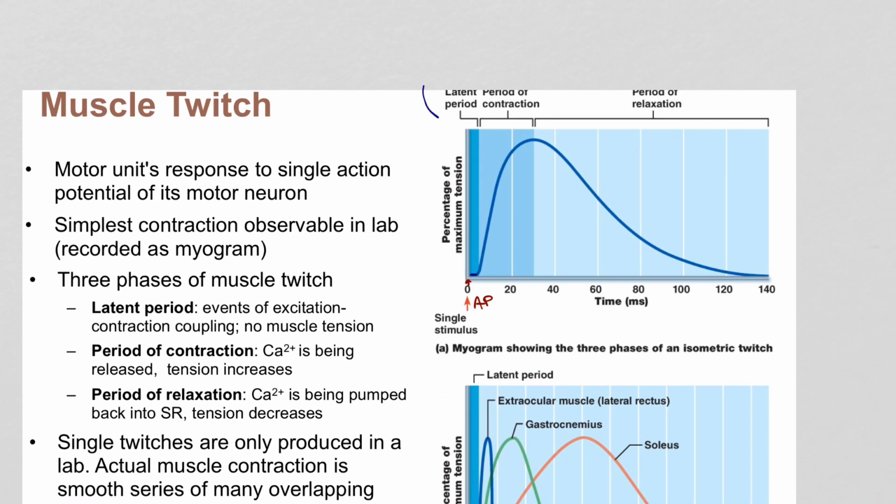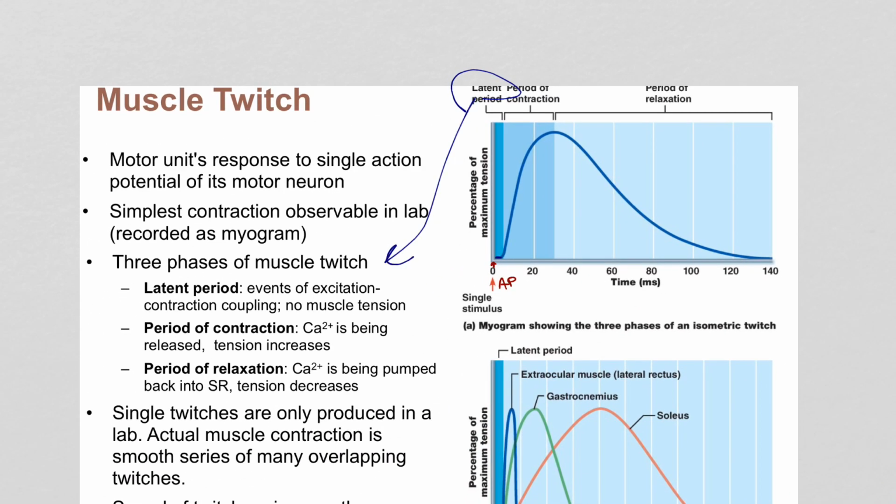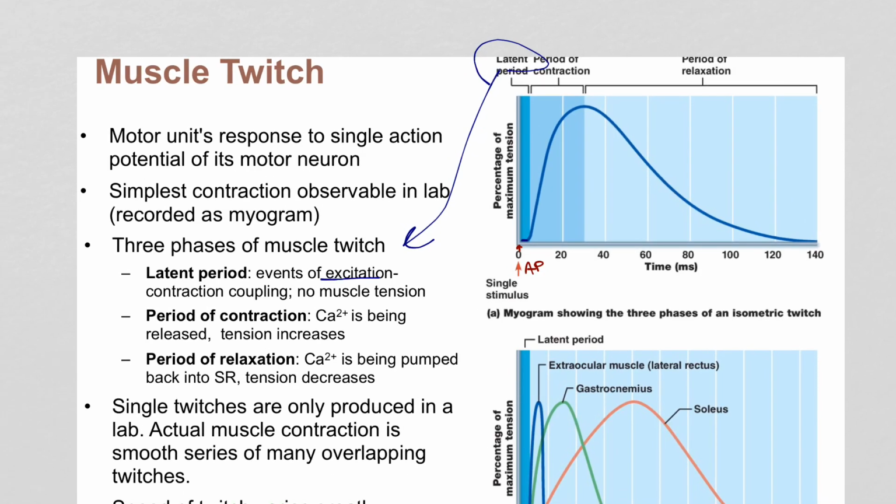That period of time is called the latent period, and it's said to be excitation-contraction coupling, which really just means going from an action potential to the point of actually producing tension, which means myosin pulling on actin. So everything in between there, the action potential cascading down T-tubules, calcium being released, calcium binding troponin, actin and myosin engaging, all of that is happening during the latent period.